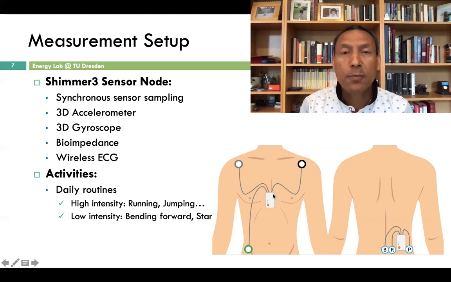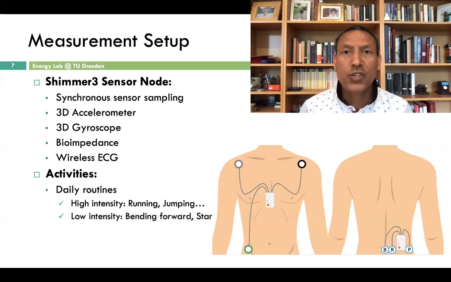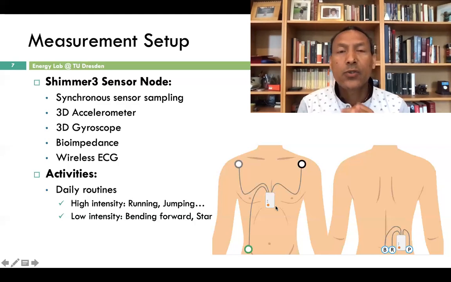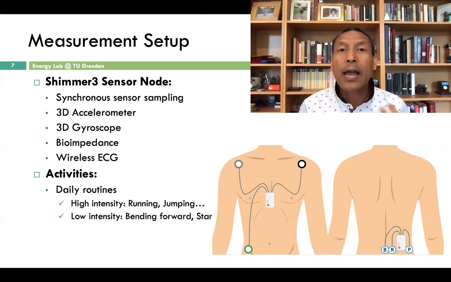The Shimmer platform was first developed at Harvard University. Now it's a company on its own. It produces different types of wireless medical platform, amongst which is the Shimmer 3 platform. It integrates the 3D accelerometer sensor, 3D magnetometer sensor, and 3D gyroscope, along with a 5-lead ECG.